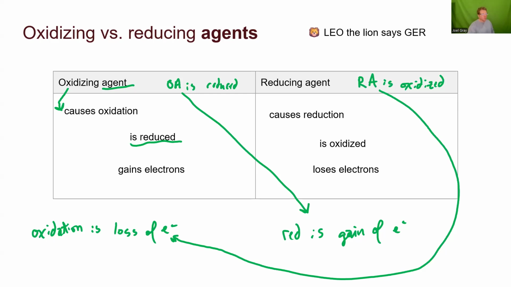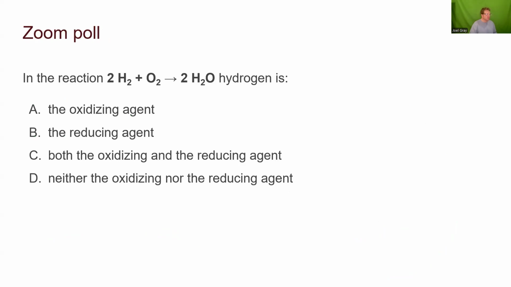So when we look at a question like this, H2 plus O2 yields H2O, how do we solve this problem? This is a process. First step, identify which gets oxidized and which gets reduced.